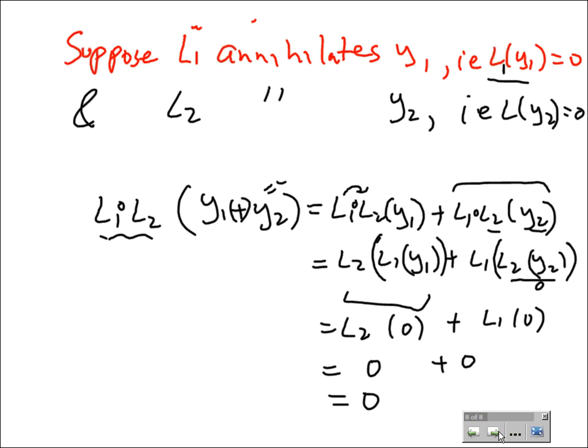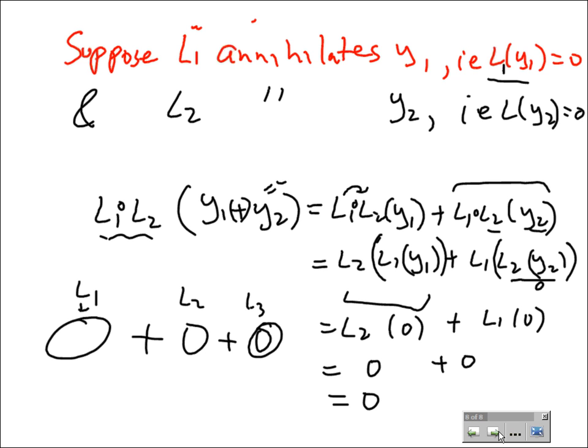So a product works. If you know something that's going to kill one function, and you have a sum of functions, and you know that L1 is going to kill that function, and L2 is going to kill that function, and L3 is going to kill that function, then just do L1, L2, L3 of those three functions.